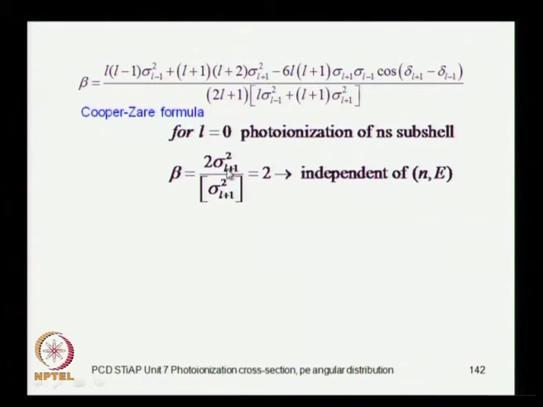So, you get 2 sigma square over sigma square corresponding to the transition delta L equal to +1.